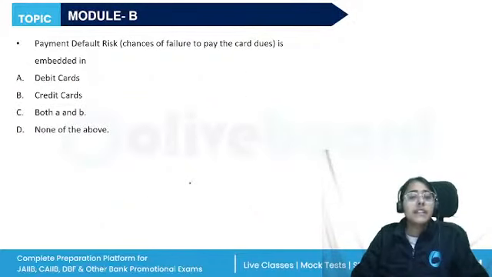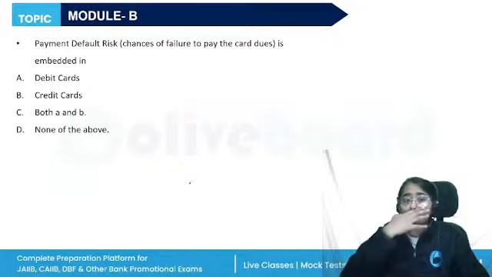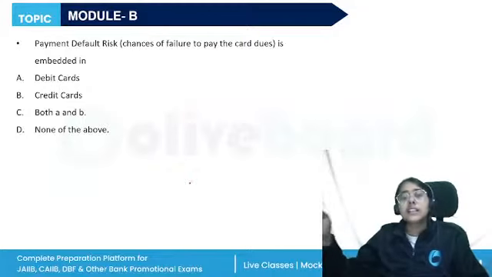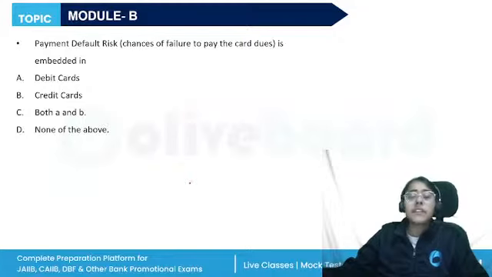Next, payment default risk is embedded in which type of card? There's a chance of failure to pay the card dues. It is not there in the debit card because immediately the amount is debited from the account. But in the credit card, what is happening? The charges are created, and at the end of the credit cycle the customer will make the payment along with any interest.